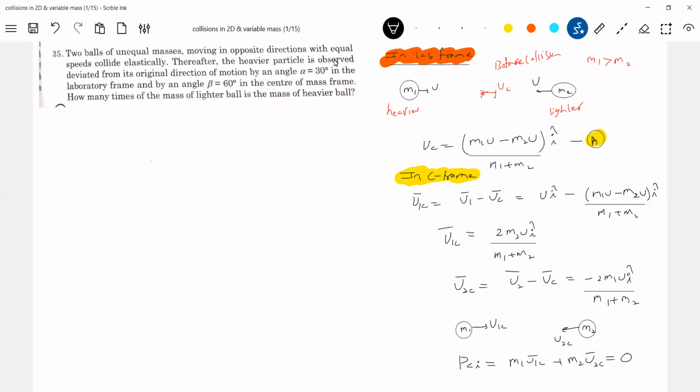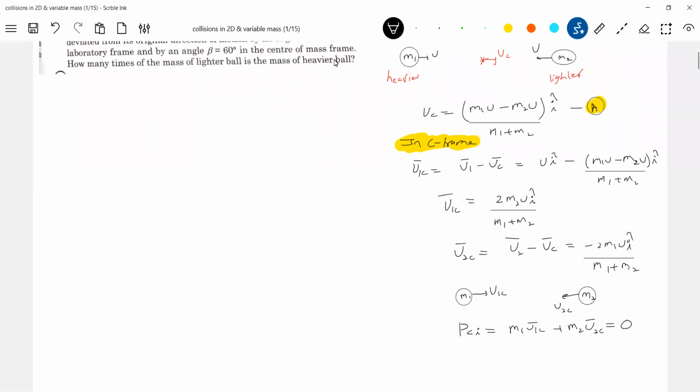Now from this, can we conclude anything? m1 u1c should be equal to m2 u2c, since the total is 0. So finally, what I can equate is m1 u1c equals m2 u2c. From this equation I'm concluding this much.